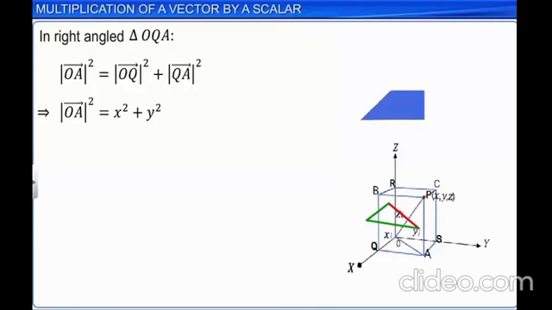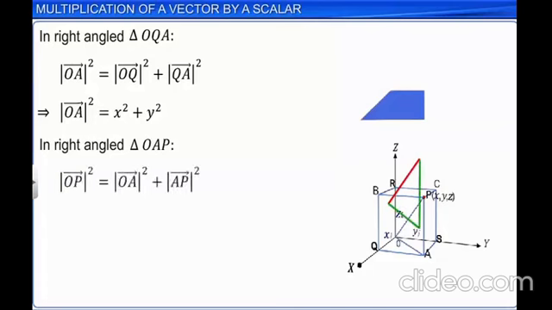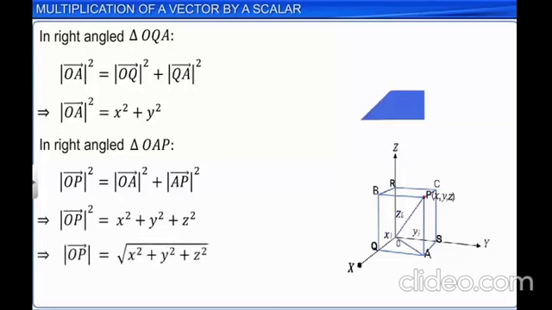In right-angled triangle OAP, the square of the length of the hypotenuse OP is equal to the sum of the squares of the lengths of sides OA and AP. Substituting the corresponding values, we get the magnitude of vector OP is equal to the square root of the sum of the squares of its scalar components x, y, and z.